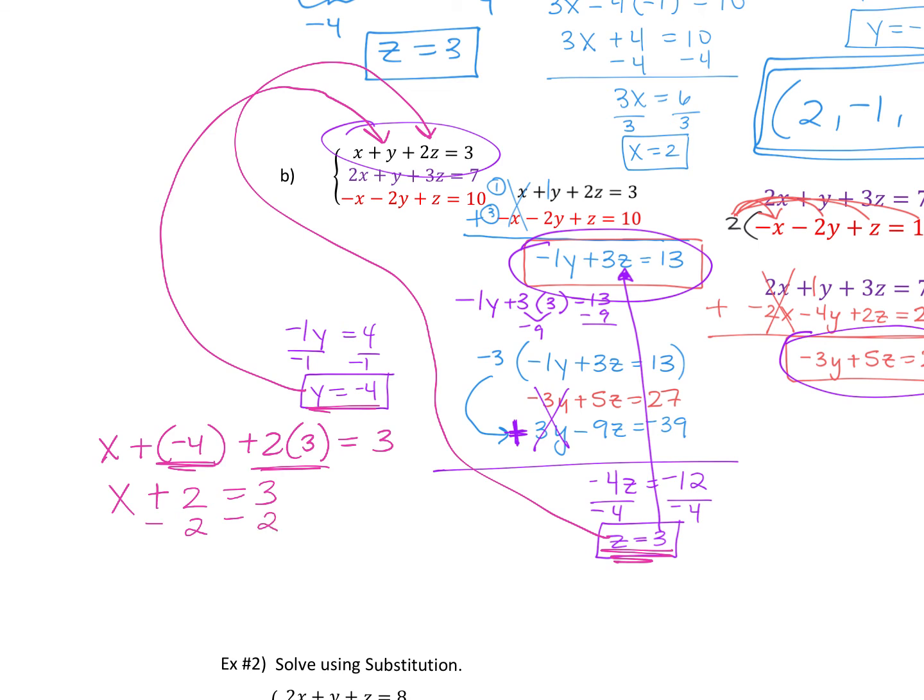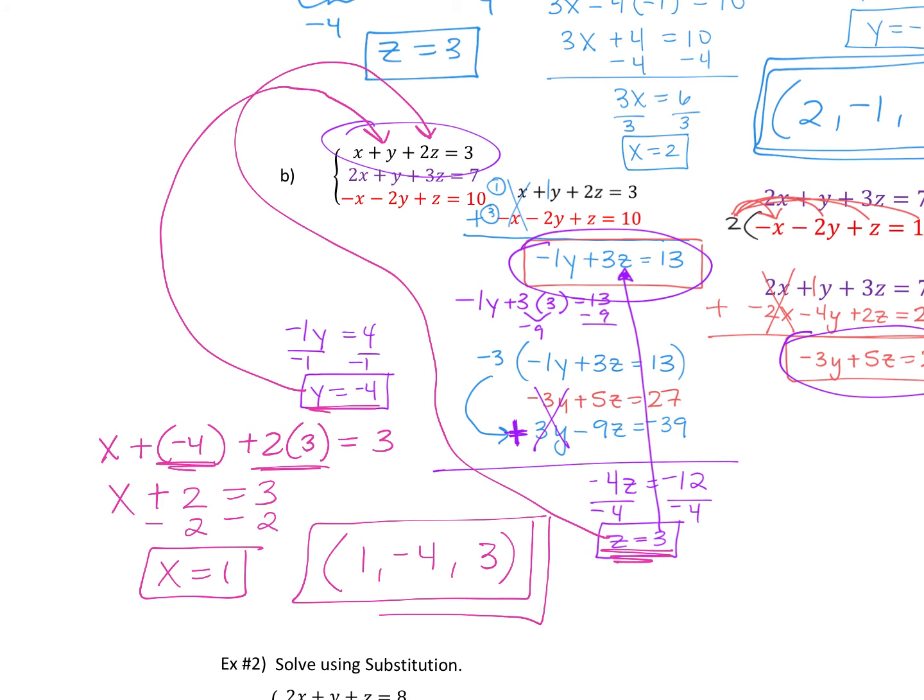Take away that 2, and x is 1. So your answer is 1, -4, 3. And I don't care if you just leave it as x equals, y equals, z equals. That's fine. You don't have to write it as coordinates like that.